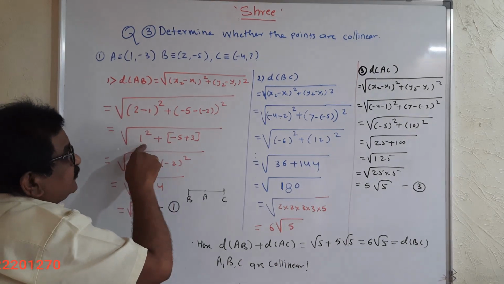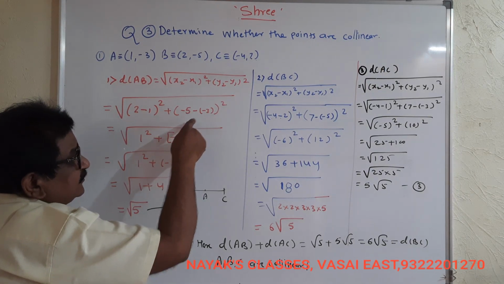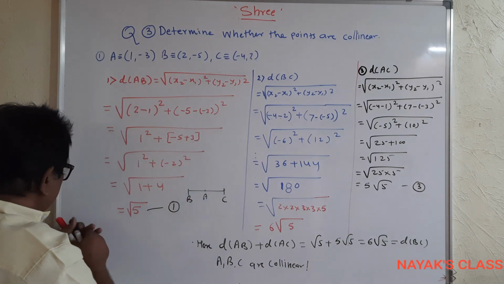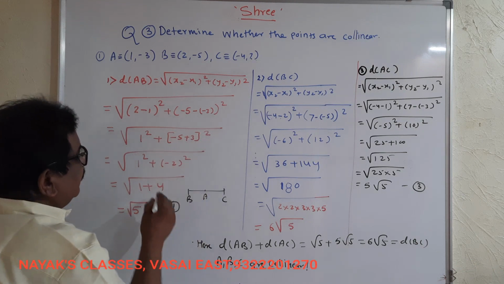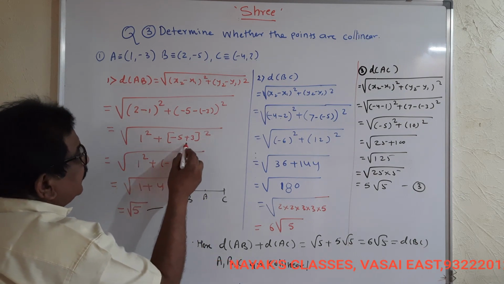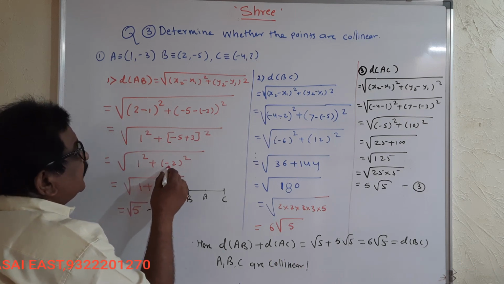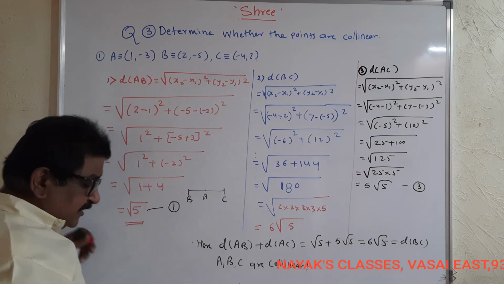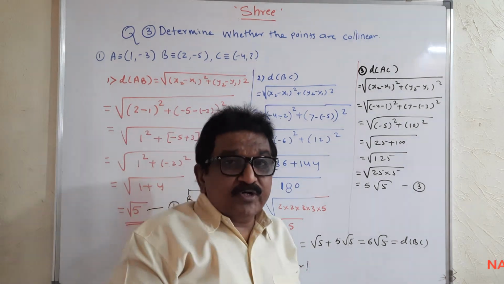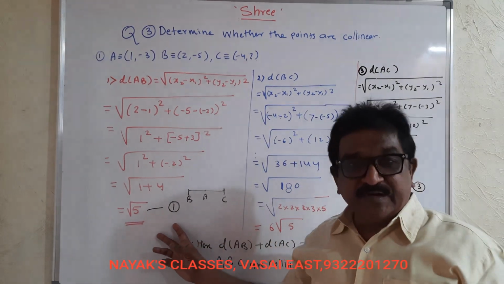So 2 minus 1 is 1, plus (minus 5 plus 3) the whole square, which is 1 plus (minus 2) the whole square. Squares are always positive. So the first distance is under root 5. You don't have to find the values. Root 5. Correct?